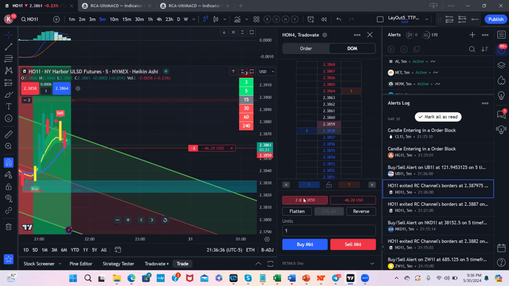Again, the average price is 2.3859. So even if we sell at 2.3850, that would make nearly $40, $50 to $60 in one account.